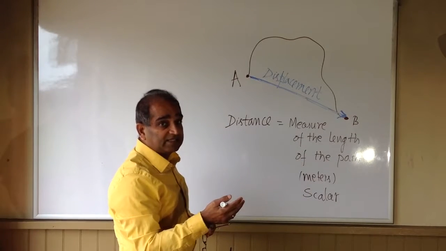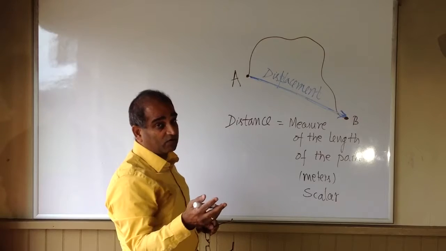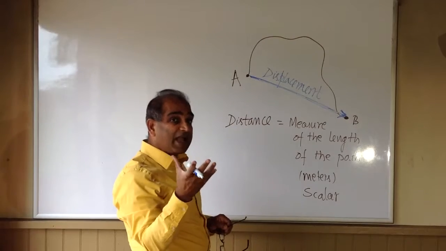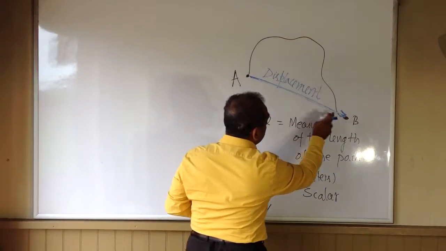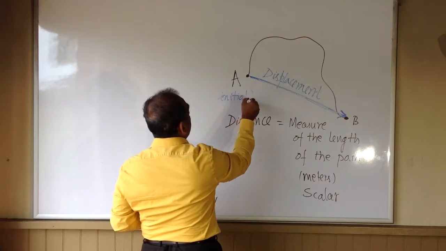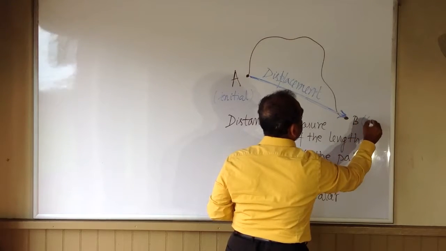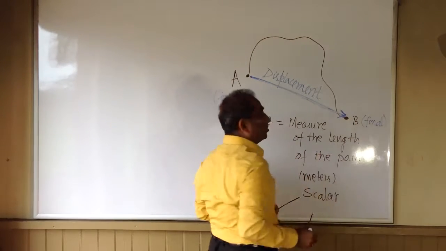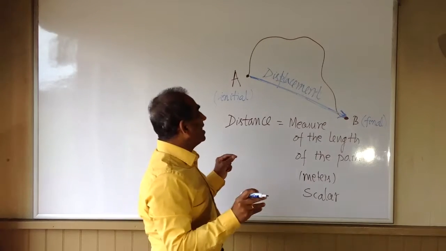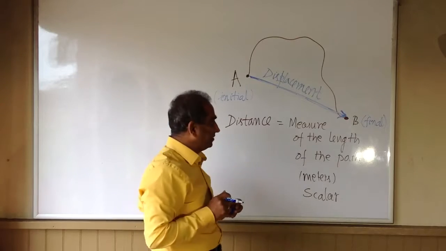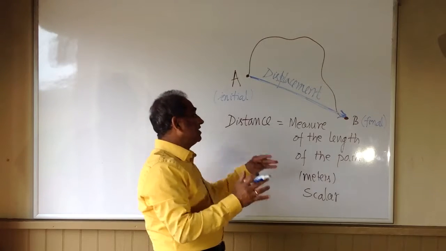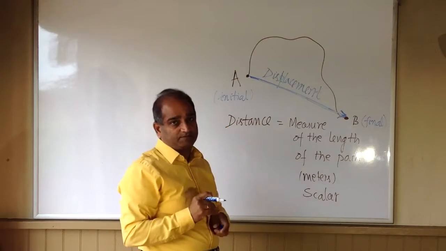It has a length from here to here, which is called its magnitude, and it has a direction from A to B. This is called the initial position and this is called the final position. So the line joining the initial and final points is called displacement and it's a vector quantity, measured in meters, same as distance, but distance is scalar and displacement is vector.